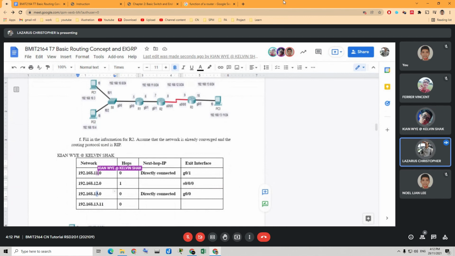We consider all. I thought router 2. Because there are still 4 networks over there. So from R2 to network 10, right? 192.168.10. How many hops from R2?